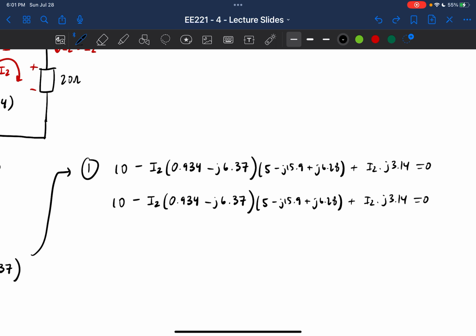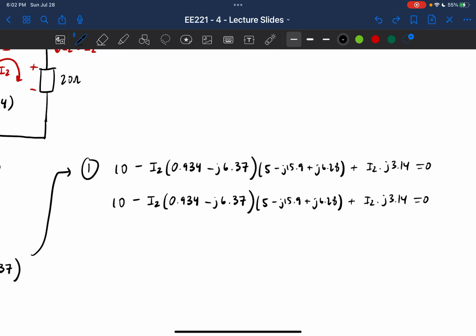So let me throw that into my calculator. 5 minus 15.9 times j, and that's plus j times 6.28. Okay, yeah, that makes sense. And then I multiply that whole thing by my 0.934 minus j6.37.